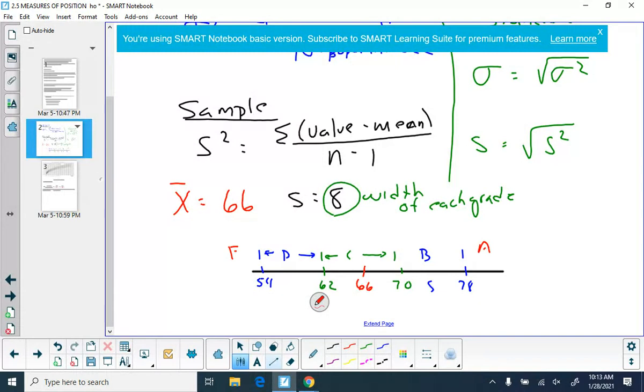What that does is that puts a competition between grades. Everybody's grade is compared to each other's grade now. It's a dog-eat-dog world.